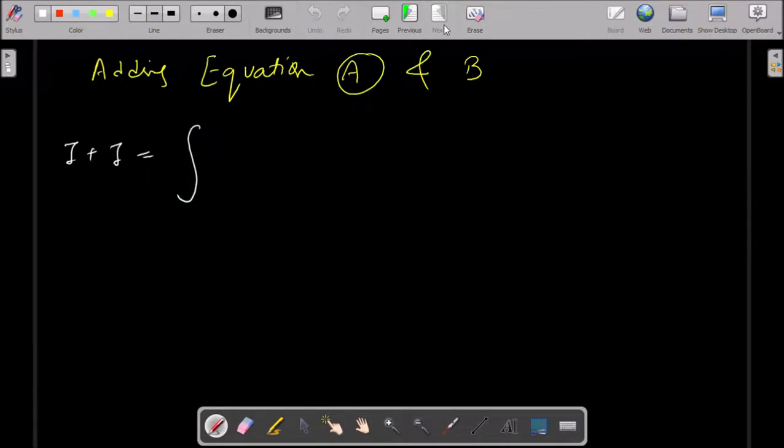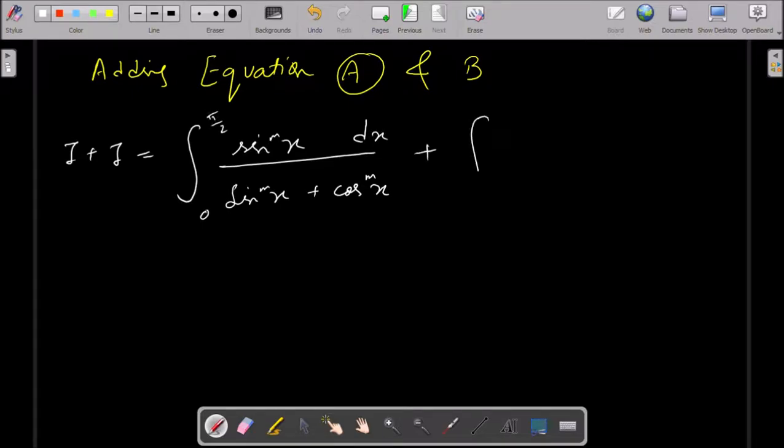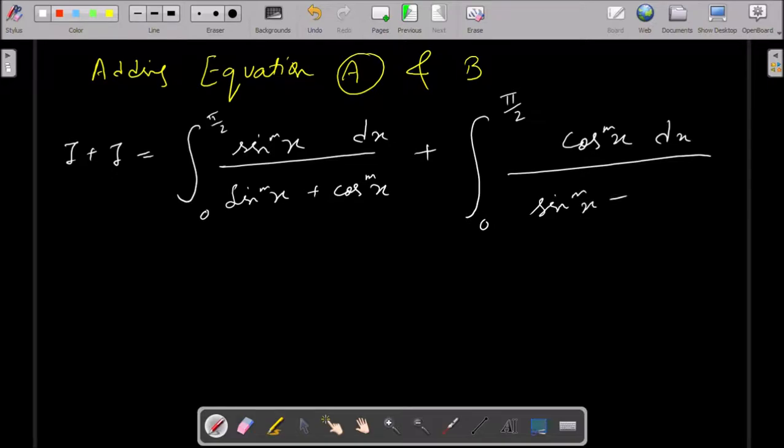So sin x to the power m upon sin x to the power m plus cos x to the power m, plus the integral from 0 to pi by 2 of cos x to the power m upon sin x to the power m plus cos x to the power m. The denominators are the same, so we will add the numerators directly, no issue.